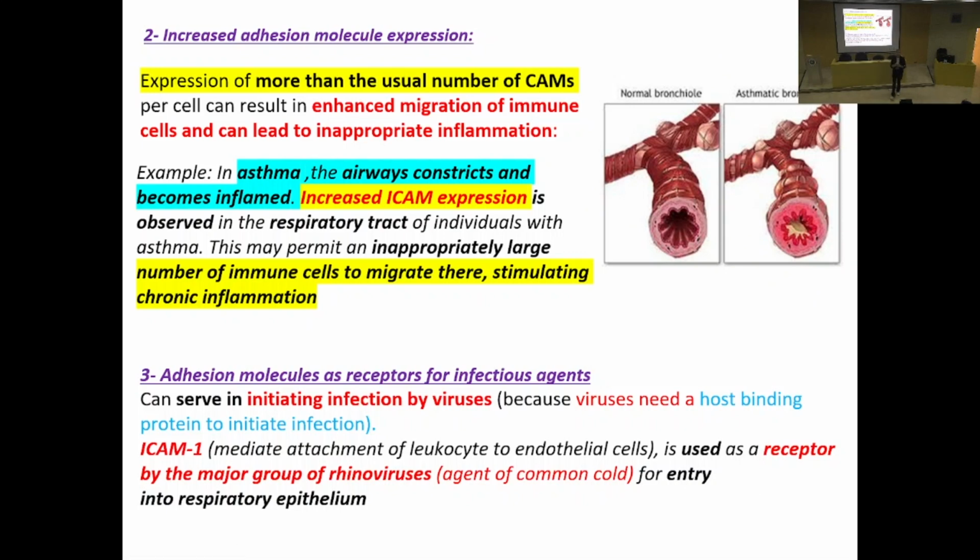So you will tell me, what are the causes of inflammation? Because the people who have asthma have overexpression of ICAM. Remember the ICAM? Intercellular adhesion molecule. Which type of cell adhesion molecule? Cadherin, selectin, what is it? Immunoglobulin superfamily.